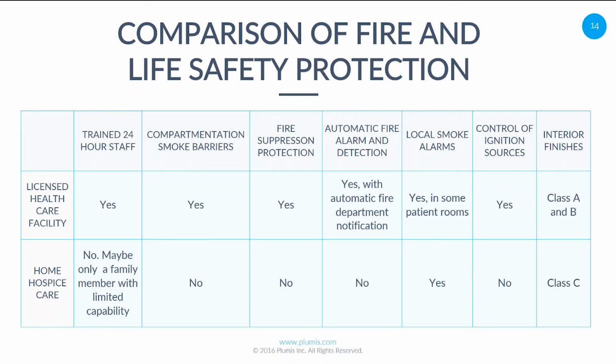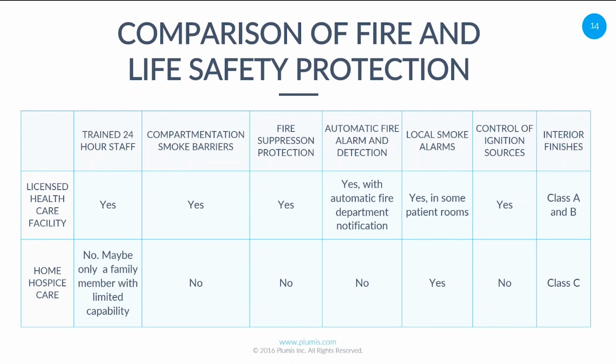which goes to the next line there, where we also tie in the local fire alarms. Those, in addition to the automatic fire alarm system in a healthcare facility, they typically have smoke alarms within each individual patient room, and that is typically the single fire protection feature in the 1 and 2 family dwelling. Control of ignition sources.